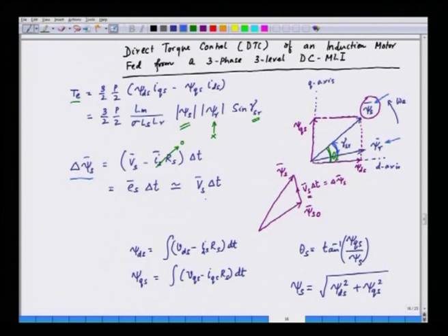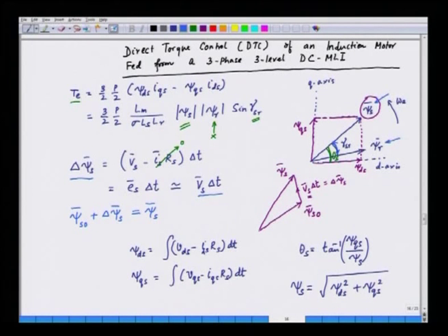So, what we finally obtain is Vs into delta t. We know that the stator flux initial value is psi s naught, and we have a change in the value, that is delta psi s. If you add this vectorially, we obtain the total flux vector, that is psi s.